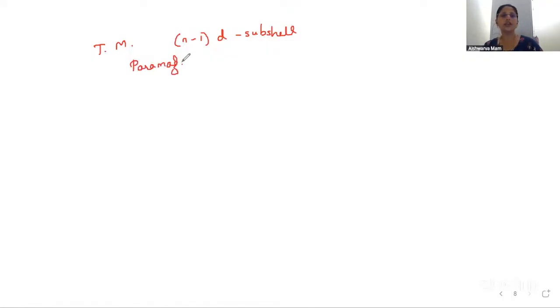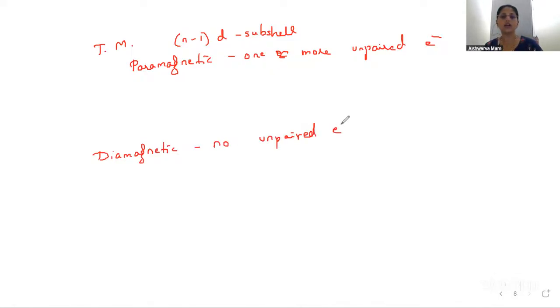If there are one or more unpaired electrons, it will show paramagnetic nature. What about diamagnetic substances? There are no unpaired electrons, zero unpaired electrons. They are diamagnetic.